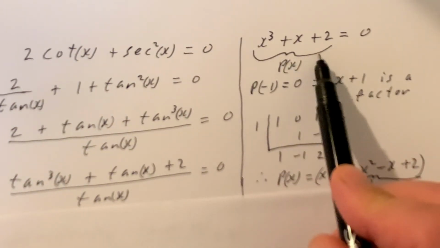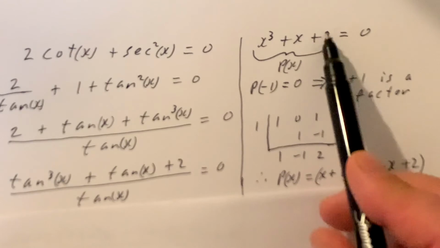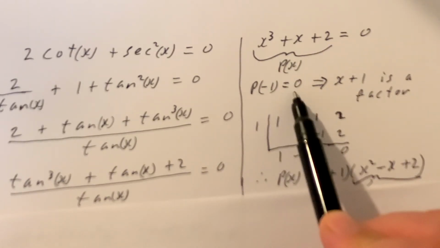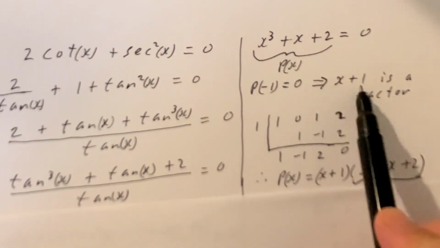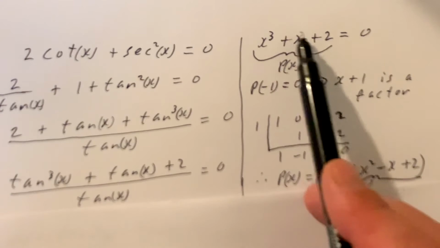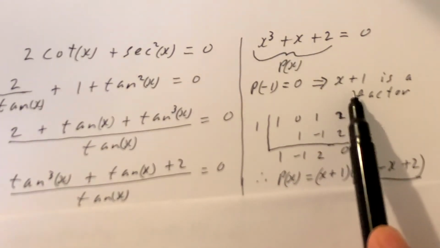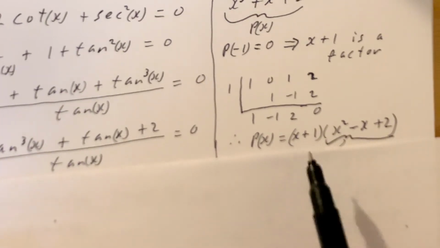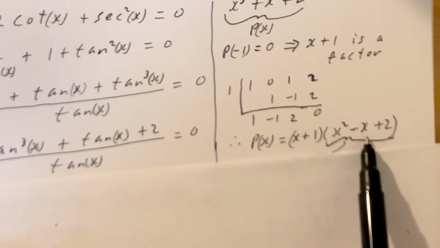Call this p of x. Try some numbers that are factors of 2 to see if it makes it 0. P of negative 1 makes it 0, which implies that x plus 1 is a factor. So we're going to divide p of x by x plus 1, if you recall, using synthetic division. And we get this, and p of x then factors to this.